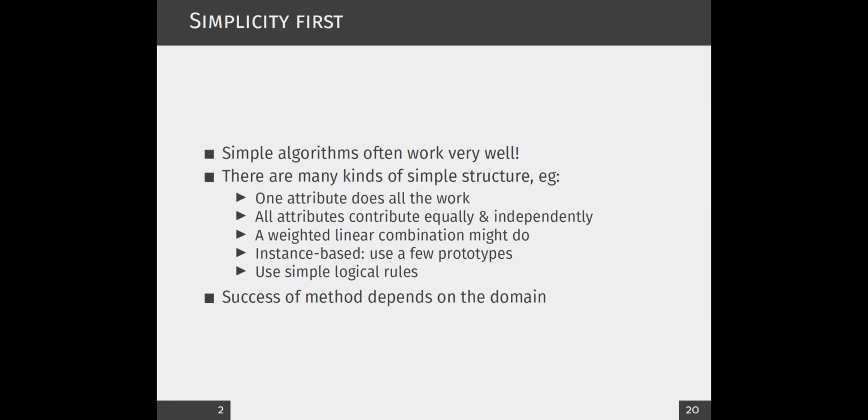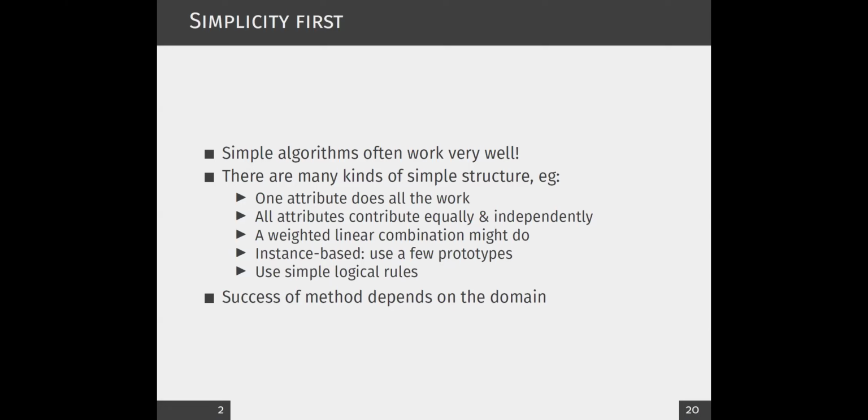Some algorithms treat everything equally, which means they consider all available attributes, but with some assumptions. For example, we can assume that attributes are independent of each other.